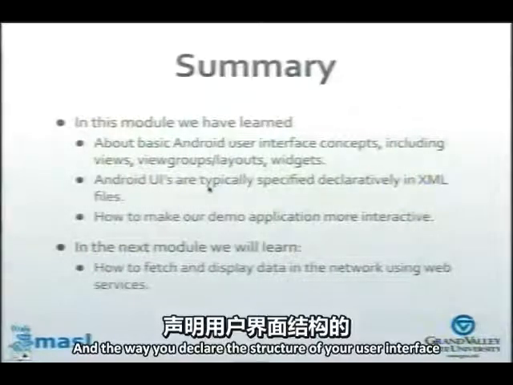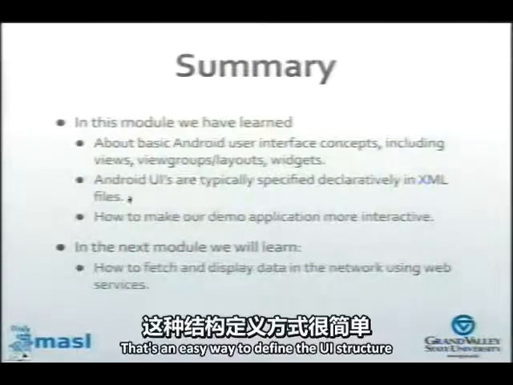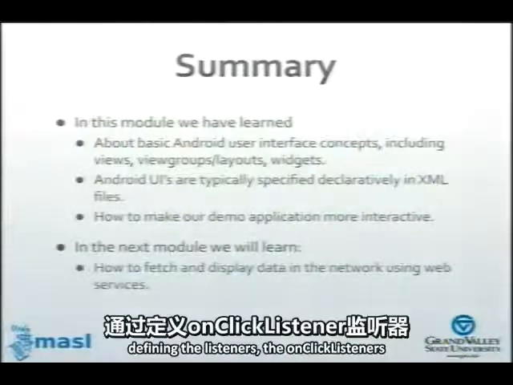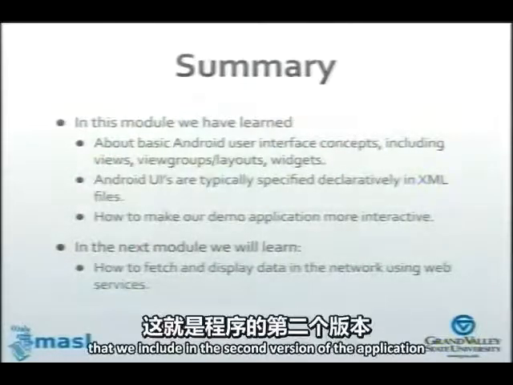The way you declare the structure of your user interface is through the XML file. That's an easy way to define the UI structure. And we showed you how to make the application more interactive by defining the listeners, the on-click listeners. That's basically a few enhancements that we included in the second version of the application.